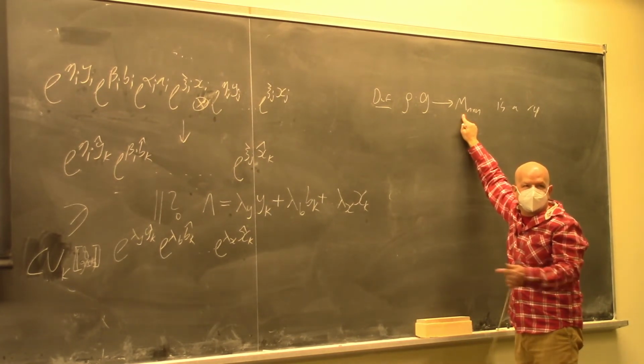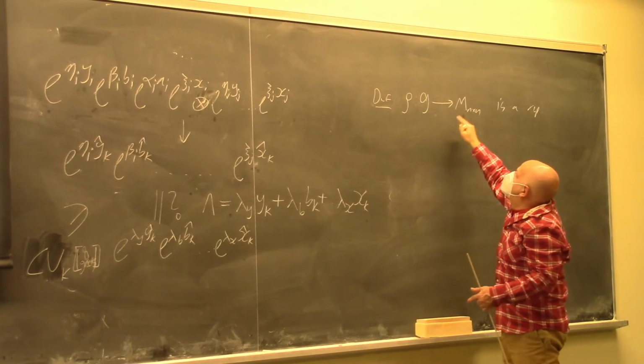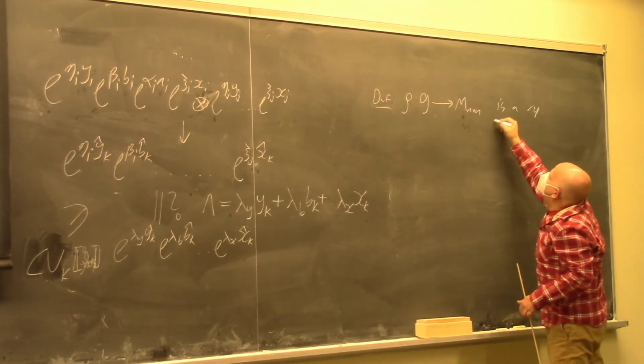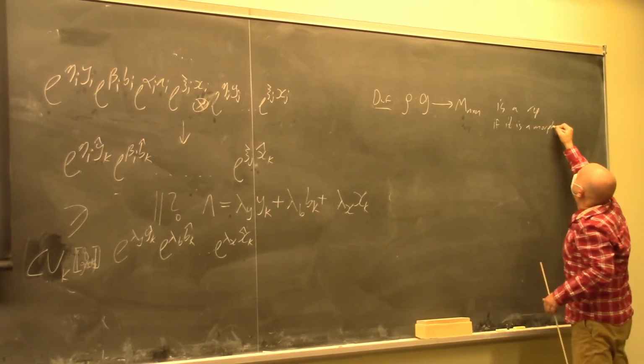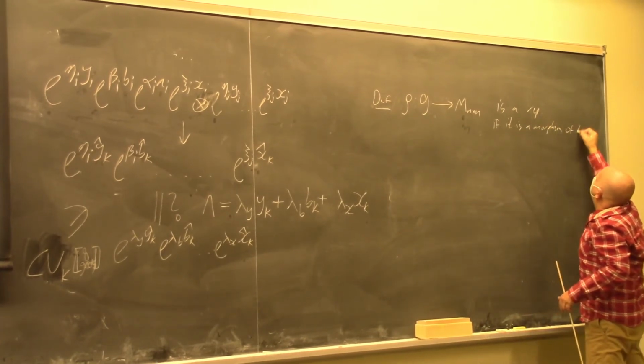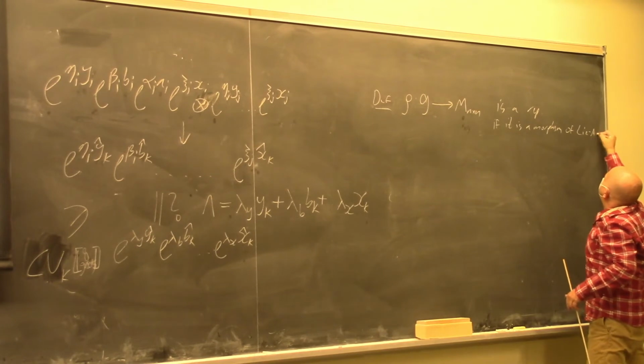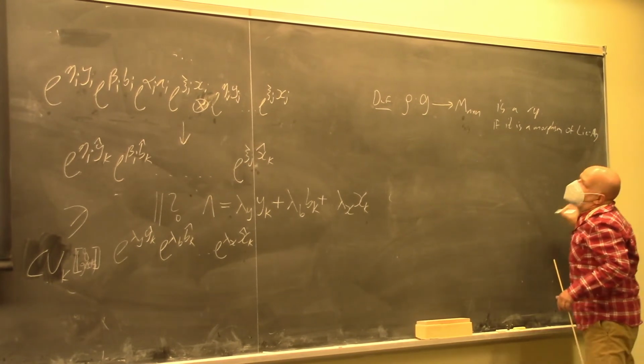The bracket becomes the commutator. So it is a representation if it is a morphism of Lie algebras, namely if it preserves the bracket.